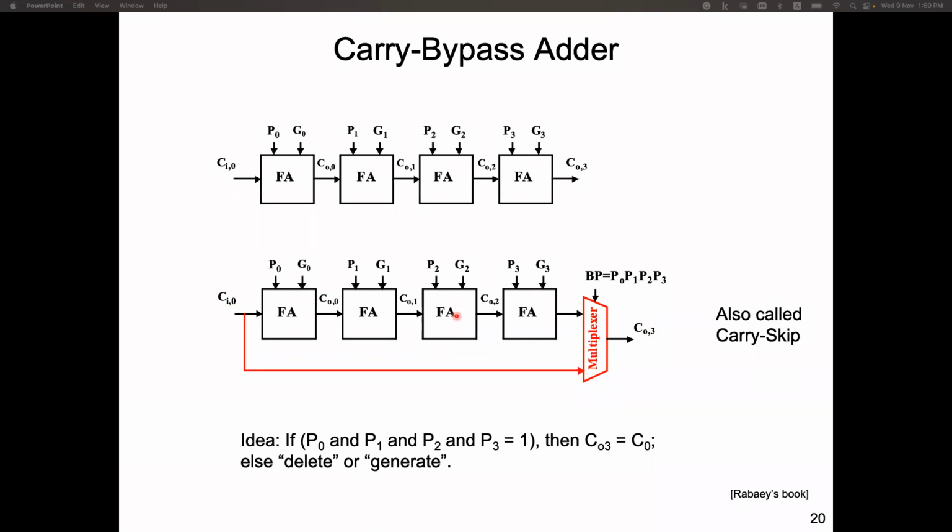Okay, well, for one stage alone, there's no advantage at all. But you can see the advantage later when we have several such stages put together.